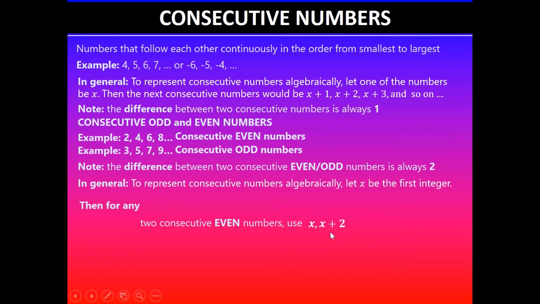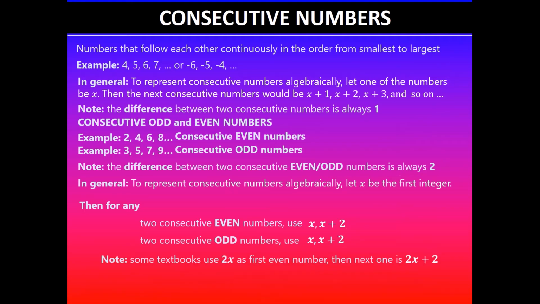Then the second one will be x plus 2, and so forth, because the difference is always 2. And if I go x plus 2 minus x, I will get the difference of 2. And likewise, two consecutive odd numbers, we can use x as the first integer. Then the second integer will be x plus 2, because the common difference is always 2 between the two.